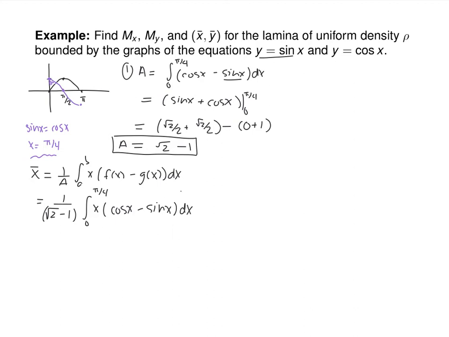I would actually suggest not doing that because you can do integration by parts with this as it is right now. Let me show you what I mean. Let u equal x, du will equal dx. Let dv be the entire cosine x minus sine x dx part. Anti-differentiate that, and for v, we get sine x plus cosine x.